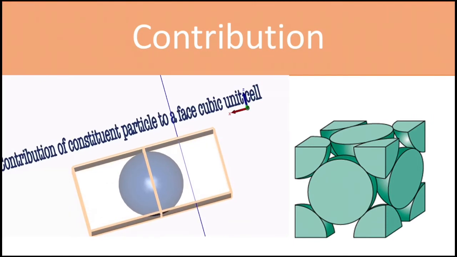Okay. Now let's look here. This is half, half, half, and here bottom half, half, and the back side is one more half, right? And the corners are 1 by 8, 1 by 8, 1 by 8, 1 by 8, 1 by 8, and 1 by 8.